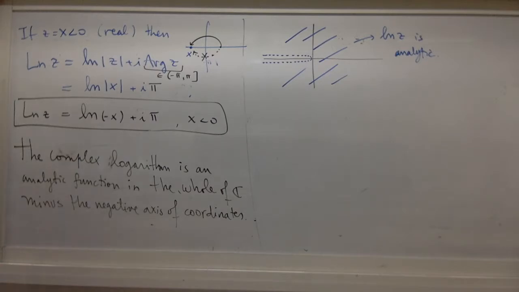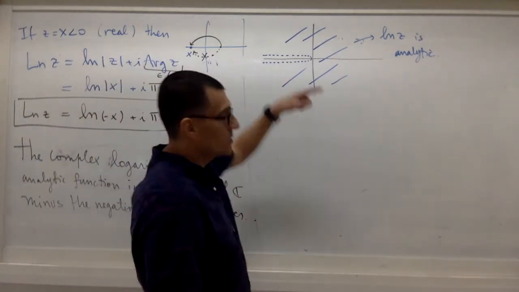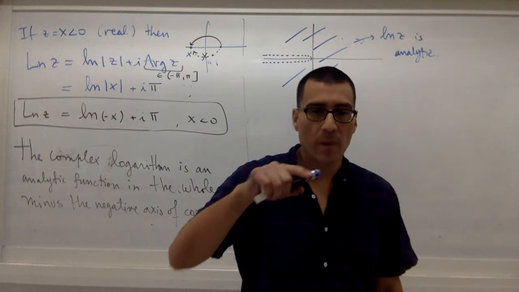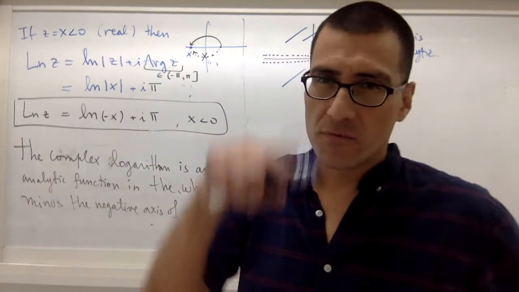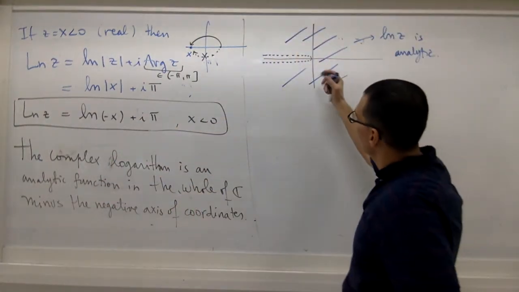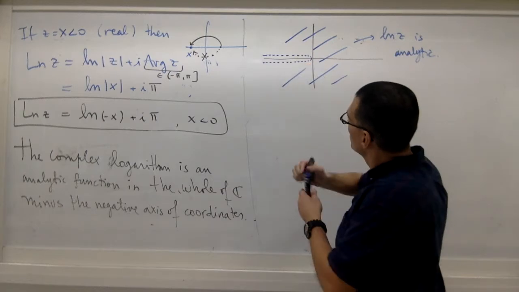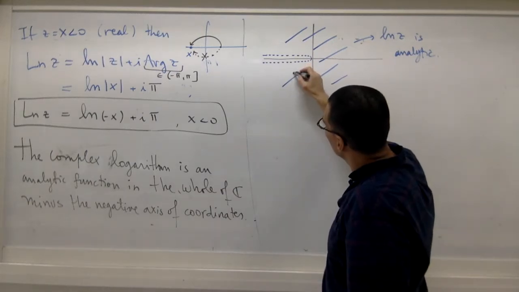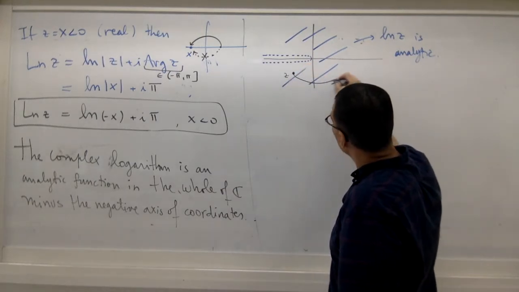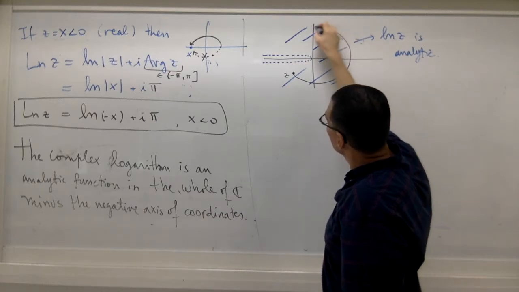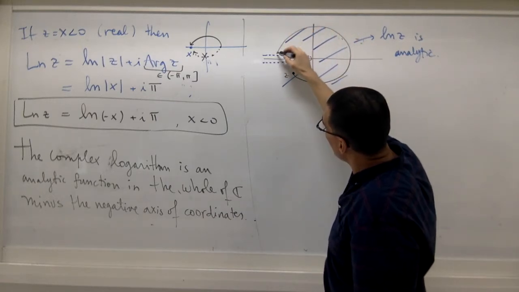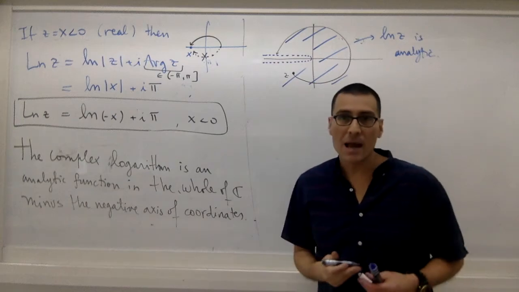Well, the reason is that when you make a full turn of 2 pi radians, for example, you're standing right here at this point. Then you move from this point continuously. What's going to happen at the negative axis of coordinates?